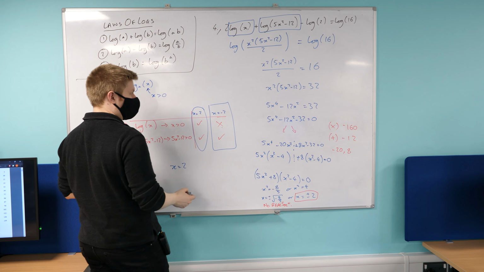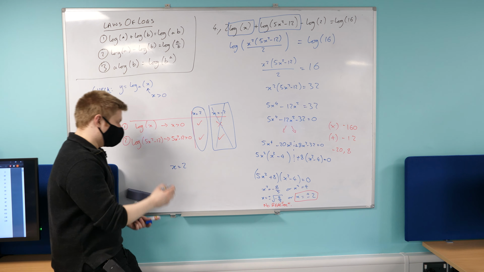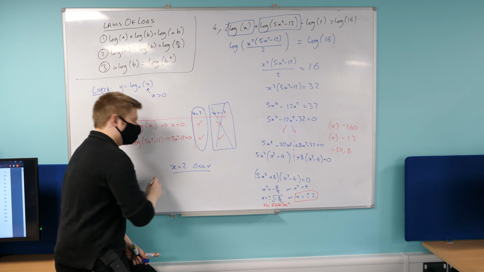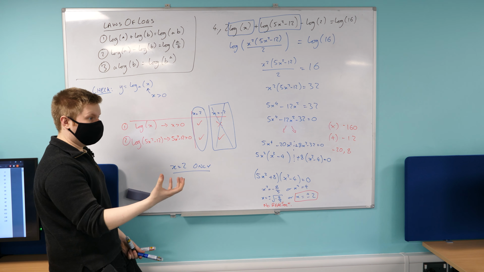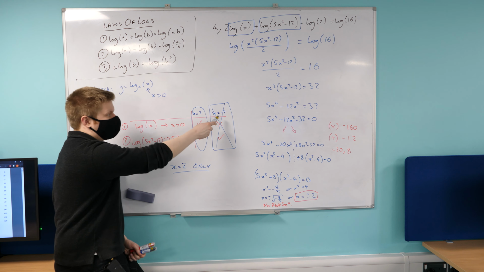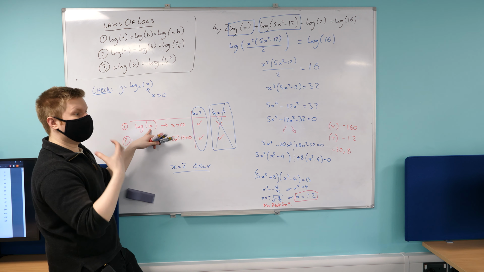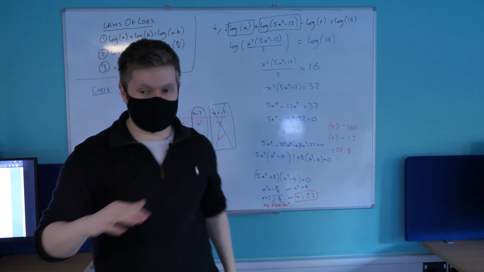It doesn't work in the first logarithm, so therefore I can rule it out. So I can say x equals 2 only. You can either put a little statement at the end which says x equals negative 2 is not valid in log of x because x has got to be positive, so therefore you can rule that solution out.